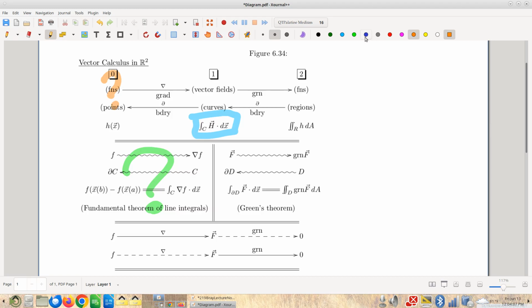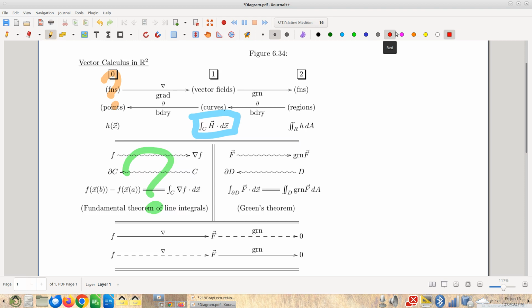That's the big test. Now, whatever the curve is, I know I can look at the boundary points. There's no challenge in finding boundary points. You just look at the curve and see where it starts and ends. And if it's a closed curve, then pick whatever points you like. That part's not a problem. The problem is knowing, is it a gradient? And the diagram tells us how to determine the answer to that question.